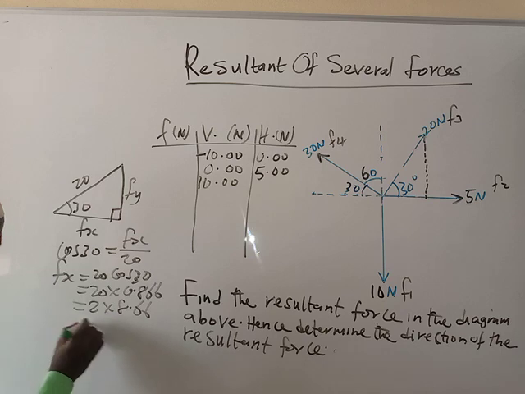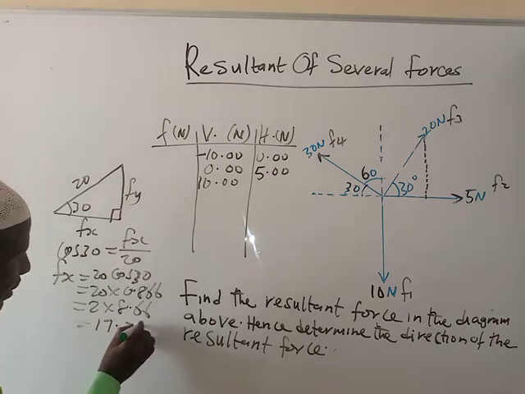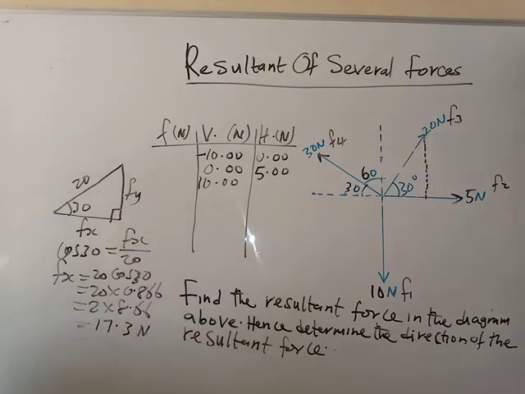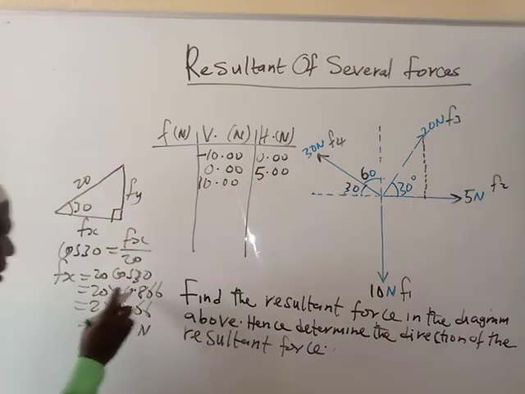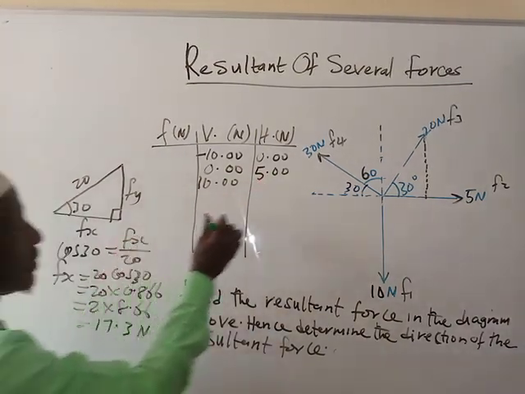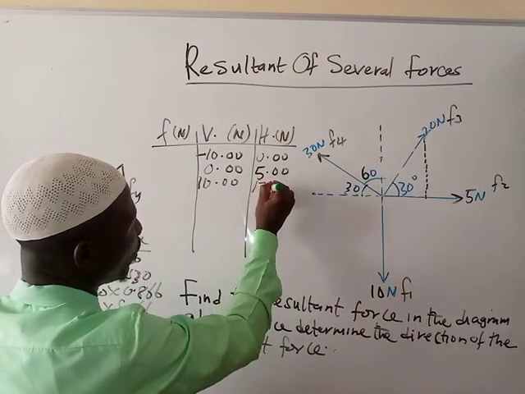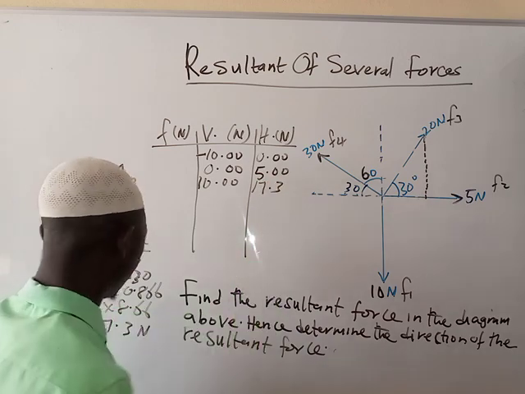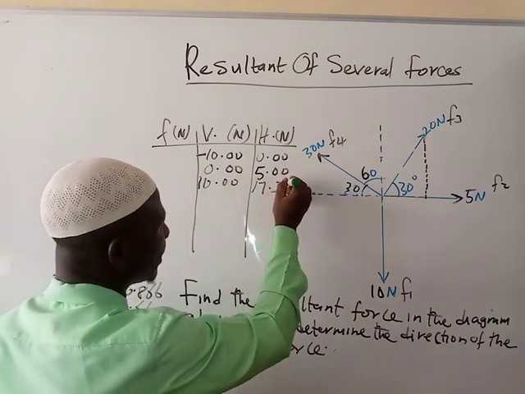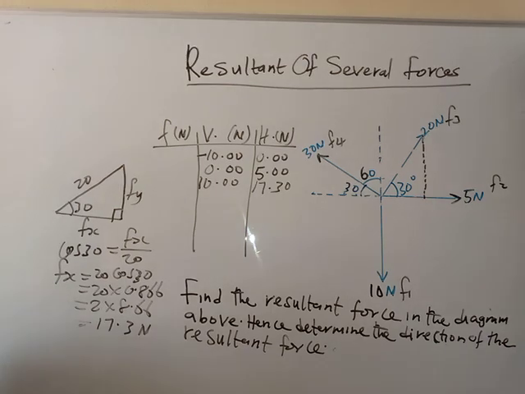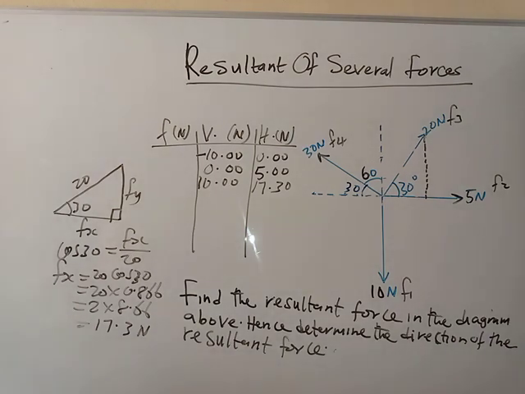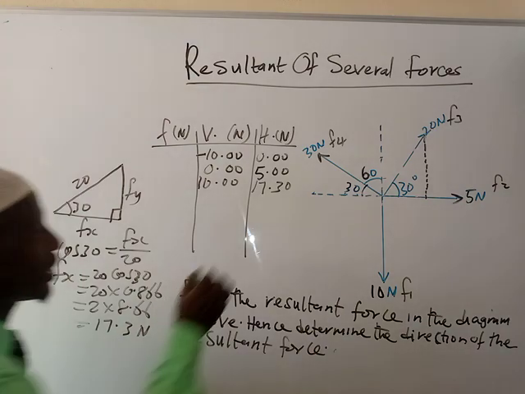So we have 17.3 Newton. So here, that is horizontal component, 17.30. That is 0.866 times 20, that's 17.32.